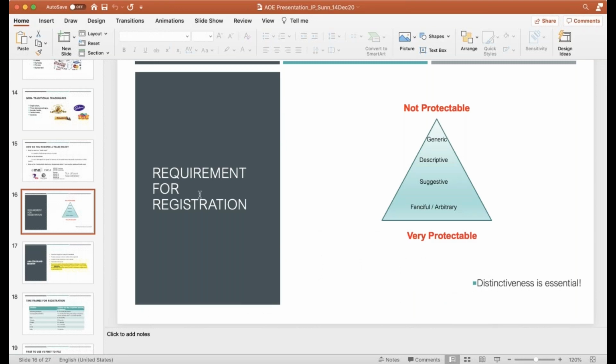Requirements for registration. I know that lots of people have come up with their brands and think, well, registering a trademark is a cost, I'll put that aside and do it once I'm making some sales. And they go ahead and have that brand on all of their socials.